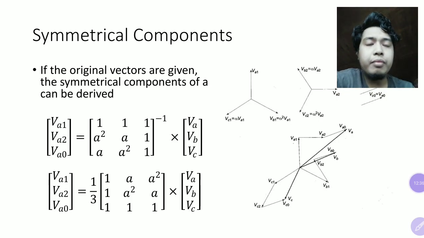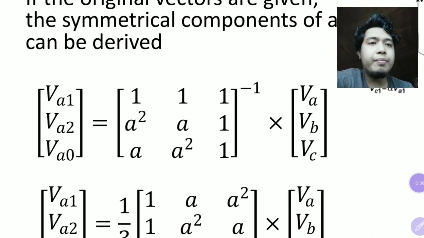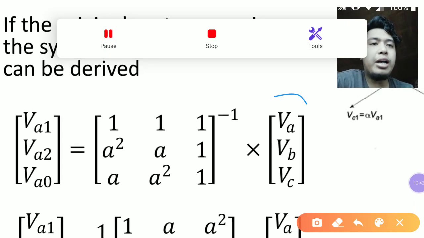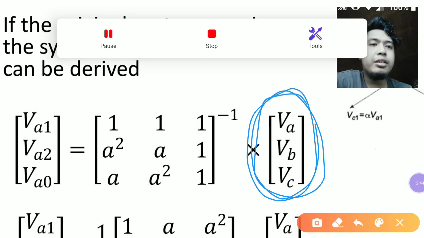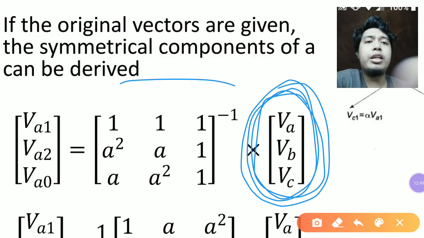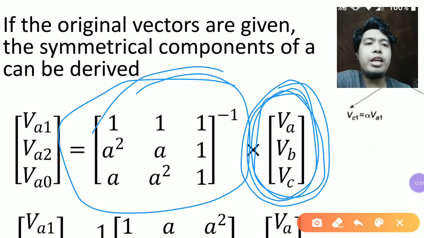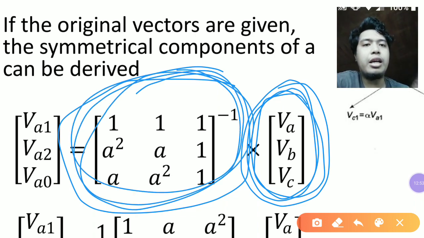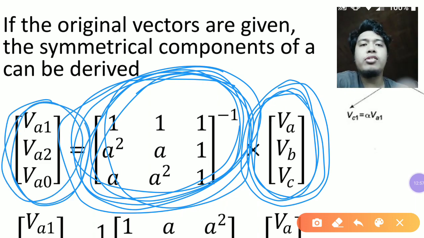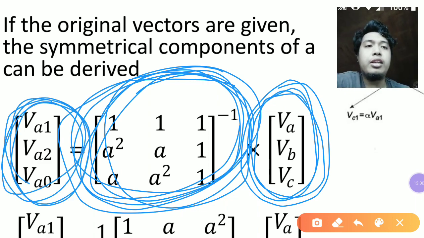Basically, if you have the original unbalanced network, you can multiply it by the inverse of the A matrix to get the symmetrical components A1, A2, and A0.